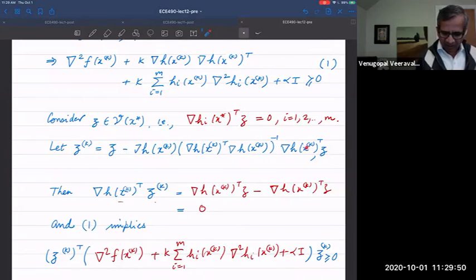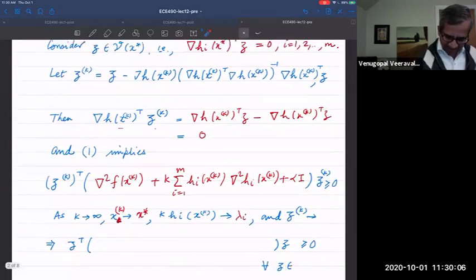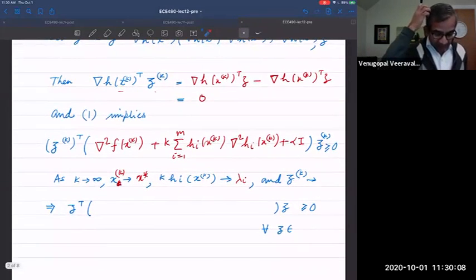So each of these guys, when I multiply by z, is going to go to 0. So this whole thing will go to 0. So that means this will go to 0. So zk goes to z. Everyone see that? Yep. Okay. So zk goes to z.